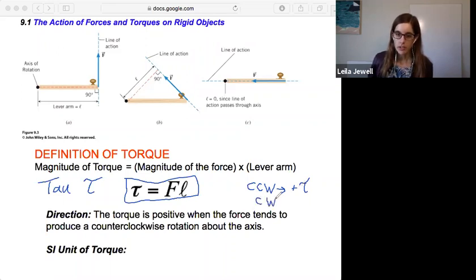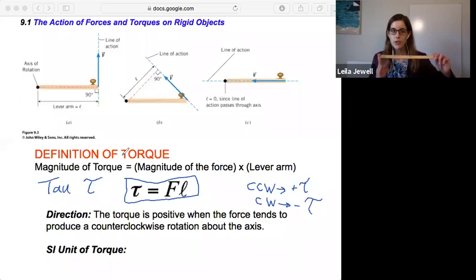If it's producing a clockwise rotation, that tells us it is a negative torque. And we can check that for the torque in cases A and B, which are non-zero torques. And we notice that this force is pushing up on the door. And so that looks like it's going to be a counterclockwise rotation if it actually rotates. So that would be a positive torque.